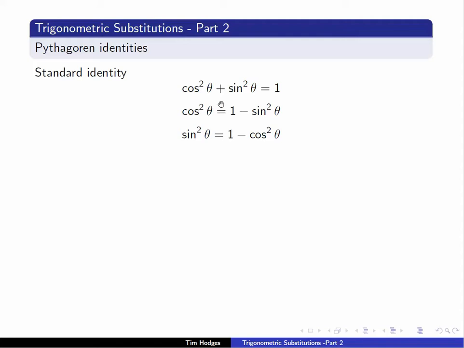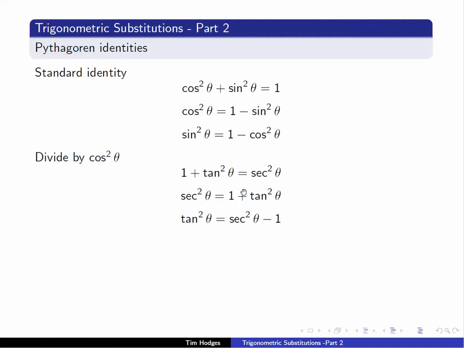Less familiar are the identities that we get by dividing this top row by cosine squared. For instance, we have 1 plus, dividing by cosine squared gives us 1 here. Sine squared over cosine squared is tan squared, and 1 over cosine squared is secant squared.